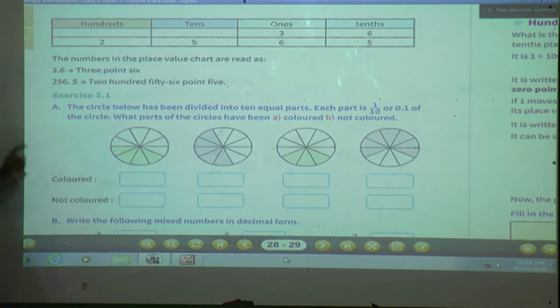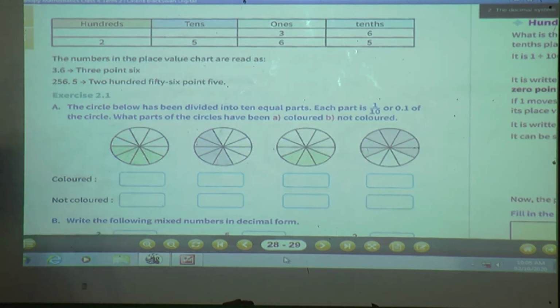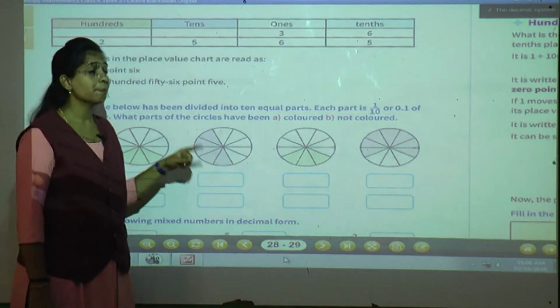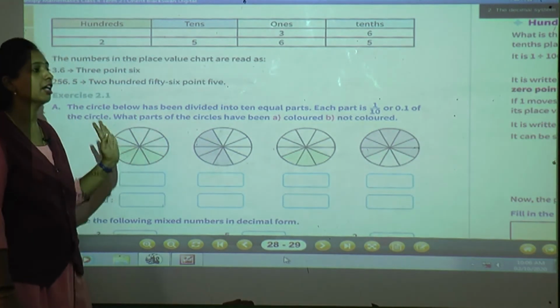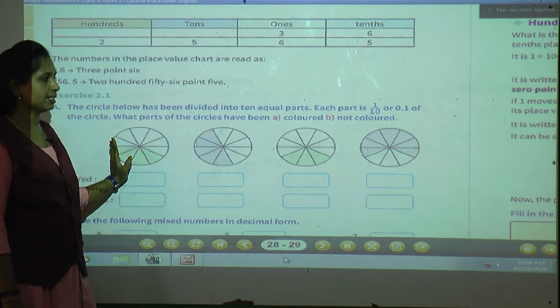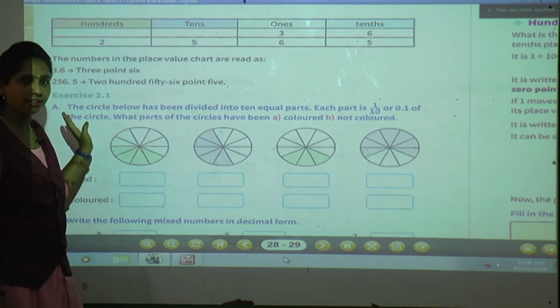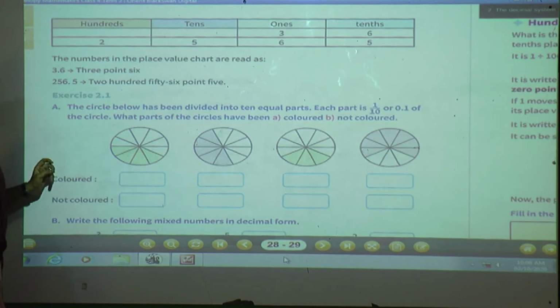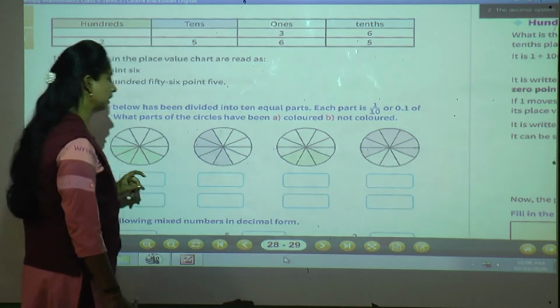So we have to mention how many parts are colored and how many parts are not colored. Here we are not going to write in fractions. Previously by seeing the shape we used to write in fractions, but now we are solving the decimal system, so we have to write in decimal numbers. Okay, so how do we write? 1 upon 10 we write as 0.1, isn't it?